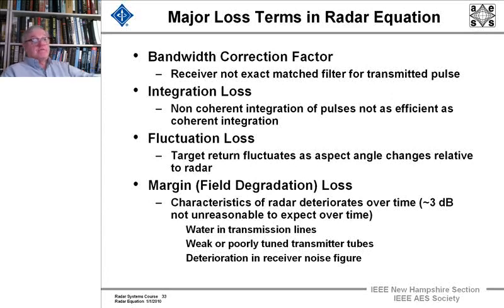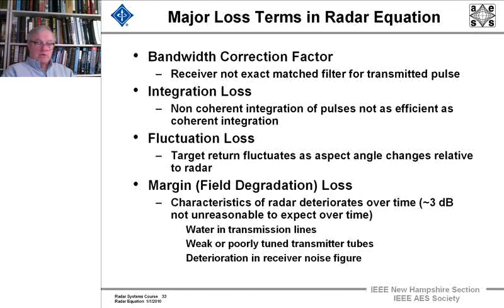And if the target fluctuates as a function of aspect angle, and that changes relative to the target, if you're looking at the target within a dwell time and the target moves a fair amount, you can have fluctuations of the target.